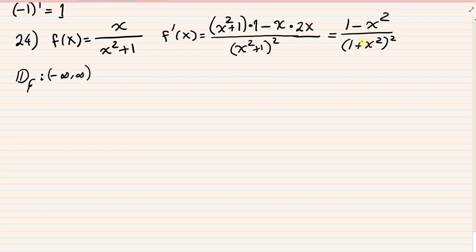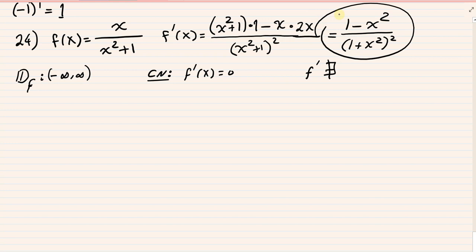Now, look at the derivative function here. We need to find the critical numbers, CN, critical numbers. Places where f prime of x is 0, and places where f prime does not exist. Now, in a fraction, this is f prime. F prime doesn't exist if the denominator is 0, but then 1 plus x squared cannot be 0.